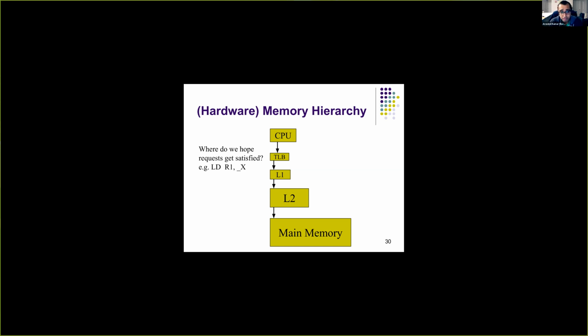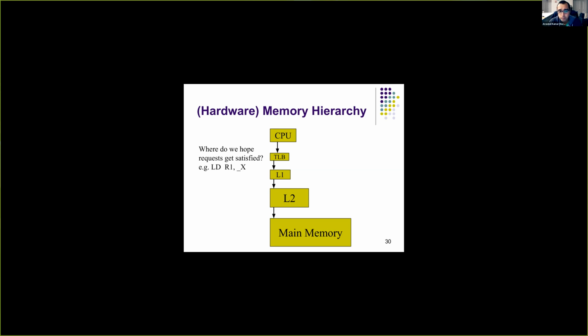When we execute the instruction load R1 from memory X, loading the content of memory X to R1, we hope that the content of X is actually in L1 cache, because that's the fastest memory that the CPU can access.